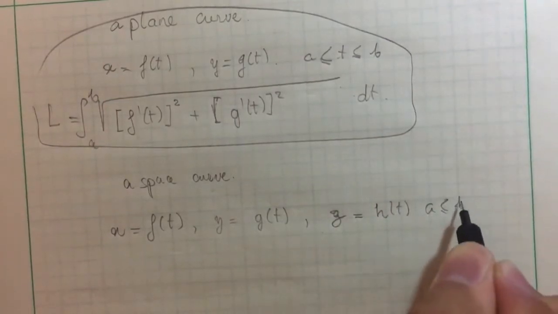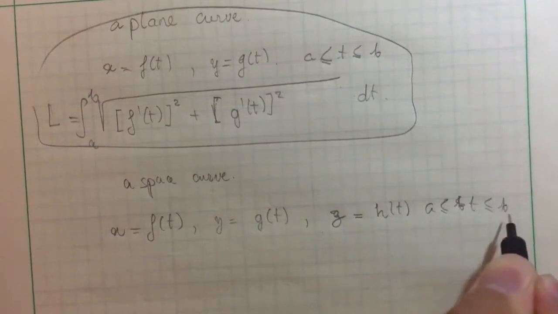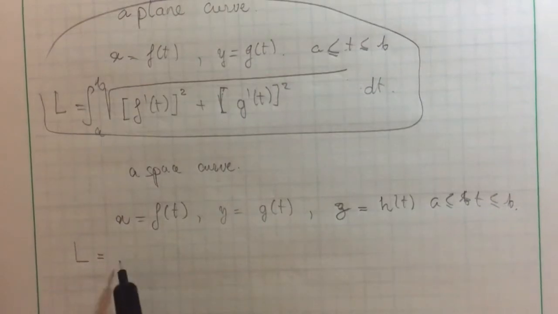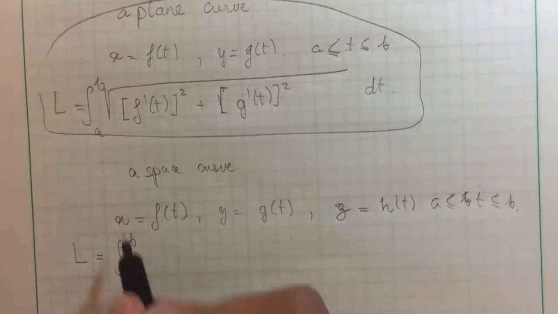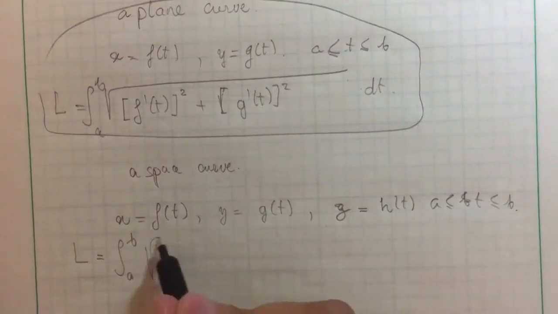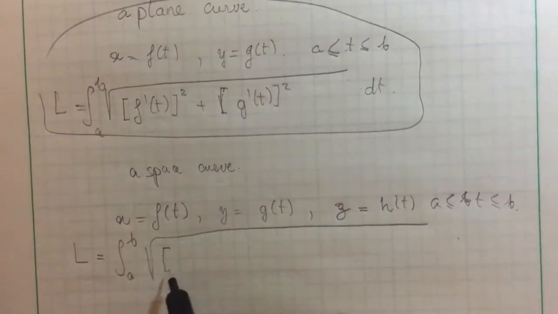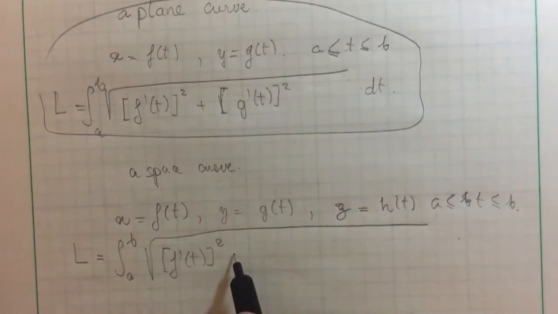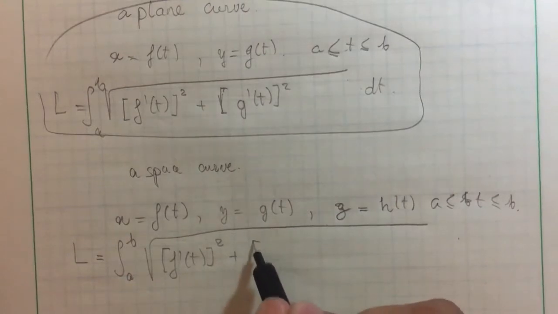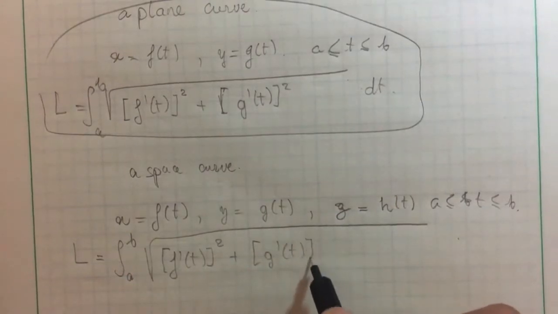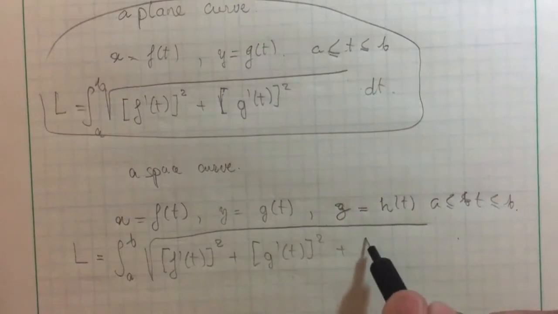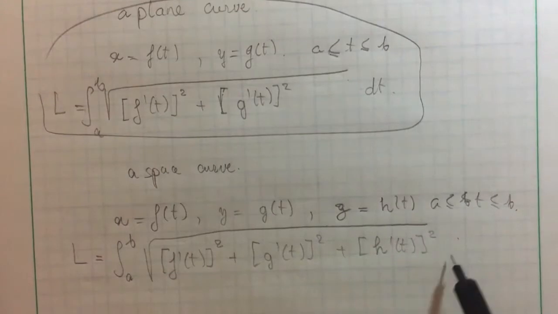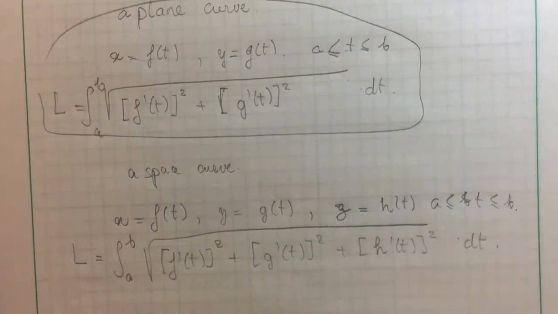Now the length is the integral from a to b of the square root of the first derivative of f of t squared plus the derivative of g of t squared plus the derivative of h of t squared, dt.